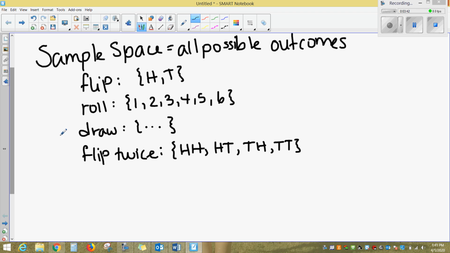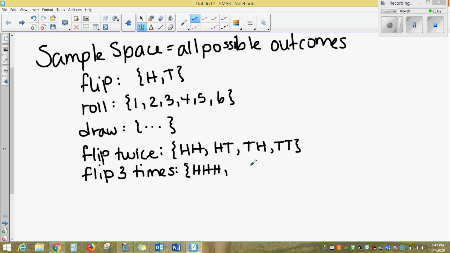Think about flipping a coin 3 times, and make a list. Go ahead and pause the video in a second and make a list. Of course, one option is that I have 3 heads right in a row. You should have a total of 8 things in your sample space when you're done. Your possible outcomes, there are 8 possible combinations.